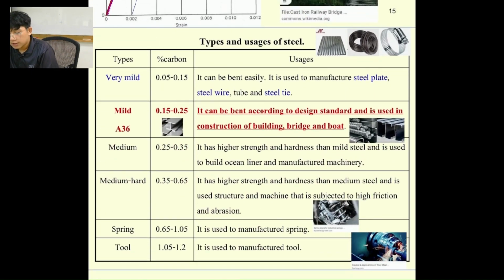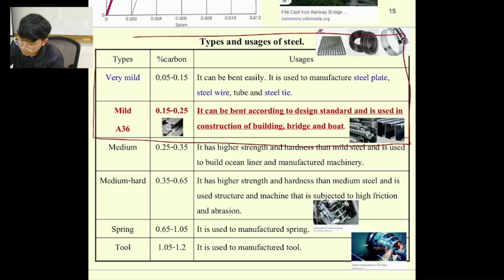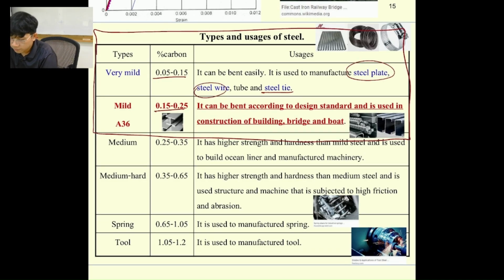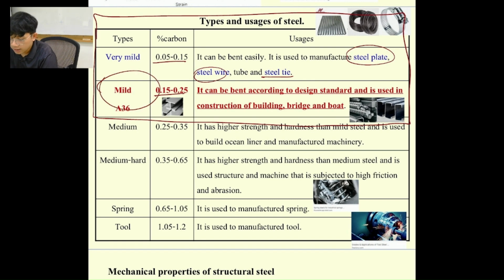All right. So we have many types of carbon percentage that we use, but most of the time in our civil engineering, we're going to use just two over here, very mild and then mild A36, and then we use the percentage carbon by here. So we have steel plate, steel wires, and steel tie, and for the mild steel, our construction steel, okay, that we normally use.